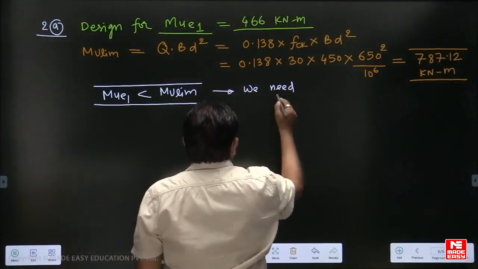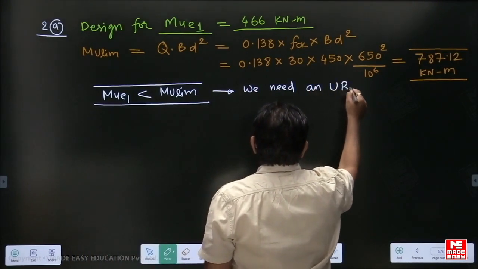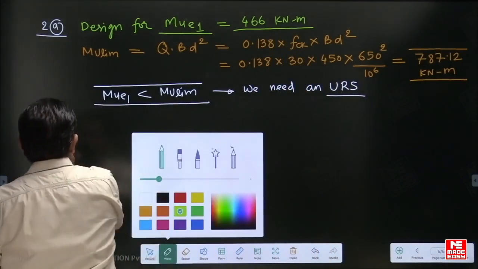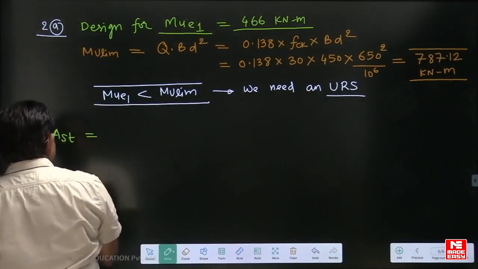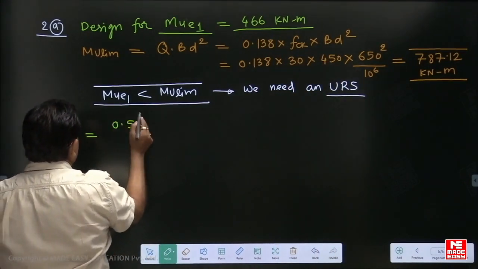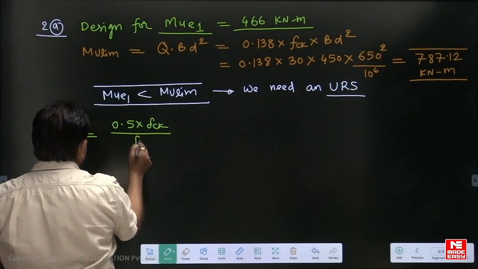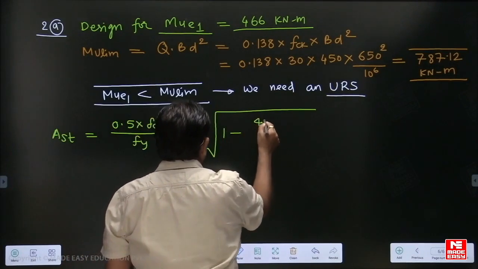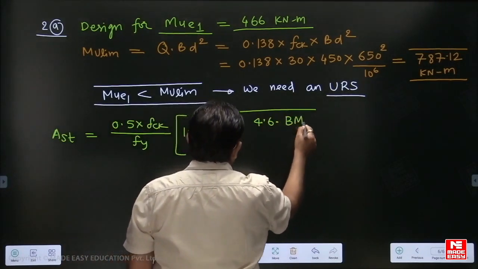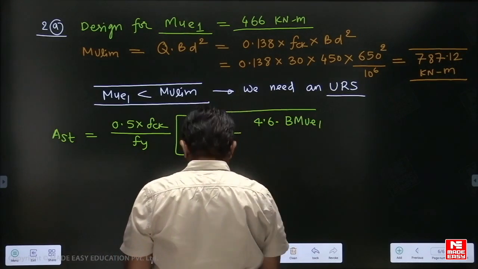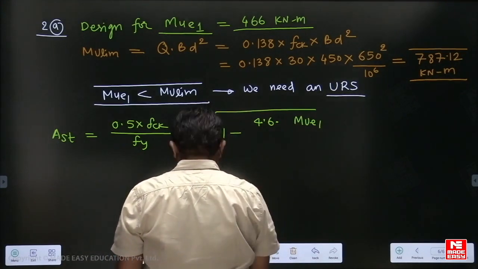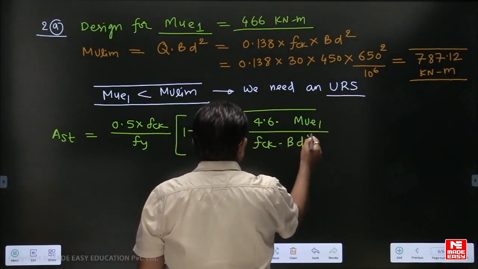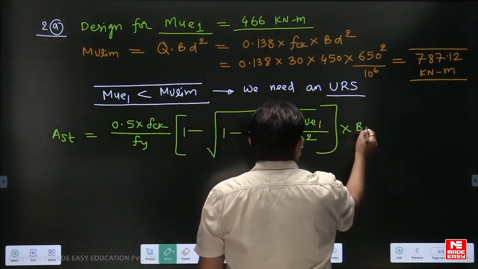We need an under-reinforced section for this moment 466, and for that there is a formula you can use. This is 0.5 into fck divided by fy into 1 minus root over 1 minus 4.6 into Mu equivalent 1 divided by fck into b into d square, into b into d.